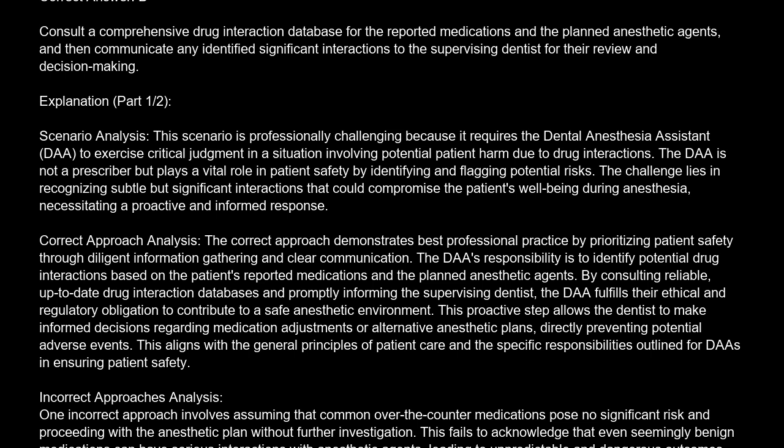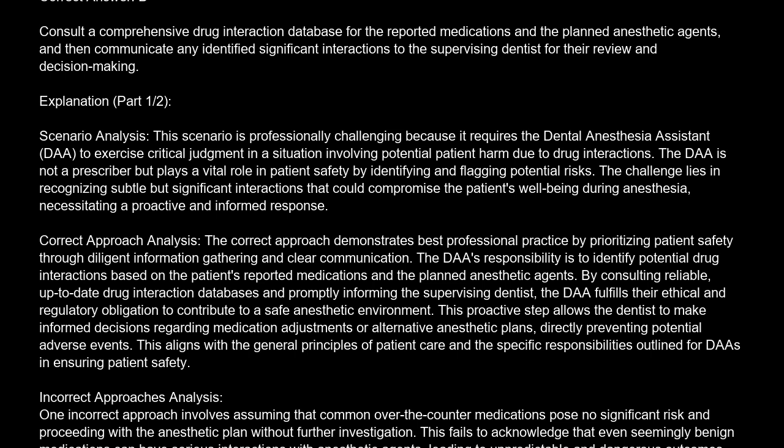This scenario is professionally challenging because it requires the dental anesthesia assistant (DAA) to exercise critical judgment in a situation involving potential patient harm due to drug interactions. The DAA is not a prescriber, but plays a vital role in patient safety by identifying and flagging potential risks. The challenge lies in recognizing subtle but significant interactions that could compromise the patient's well-being during anesthesia, necessitating a proactive and informed response.